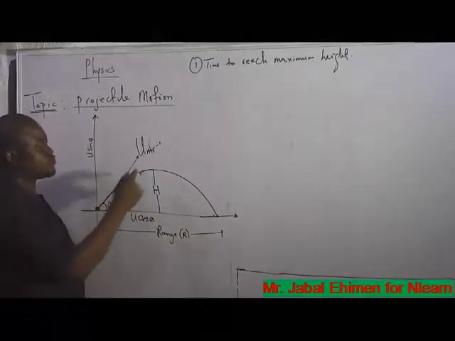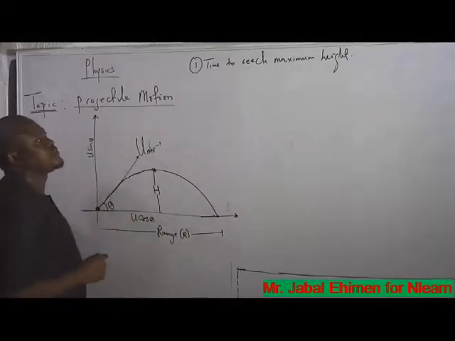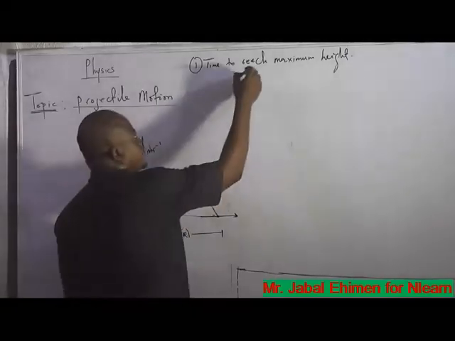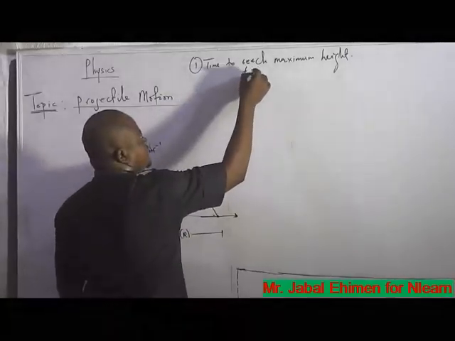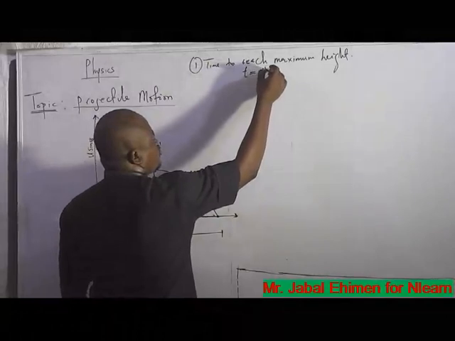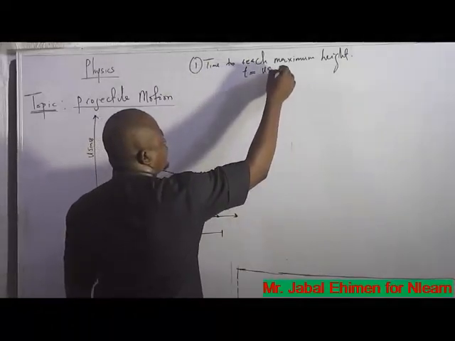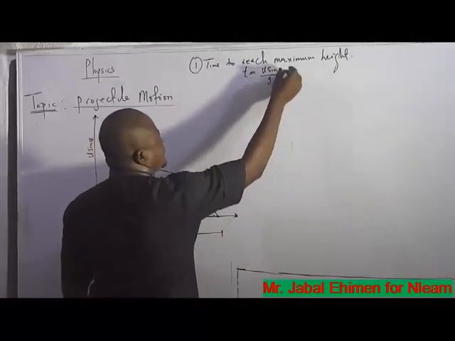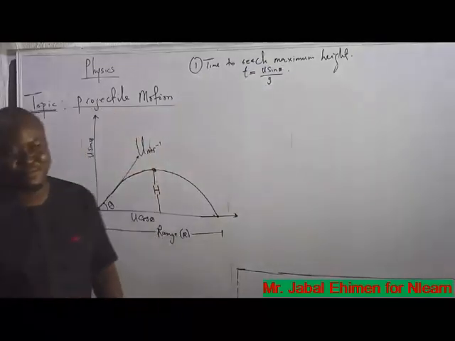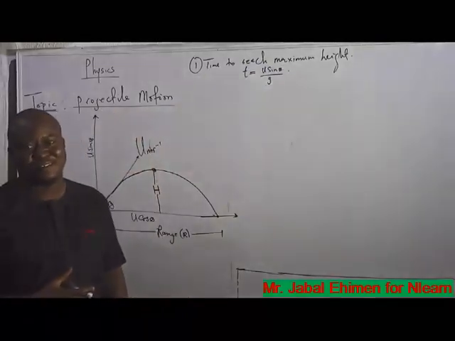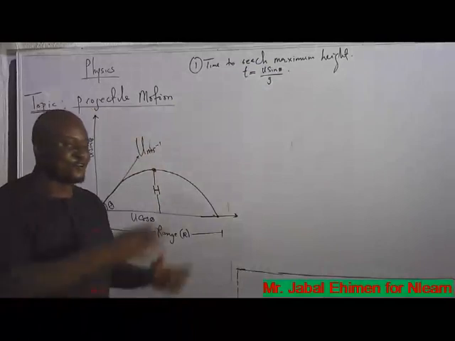That time has a value. It is given as small letter t and is equal to u sine theta over g. Take note of that. Let's not go into deductions.